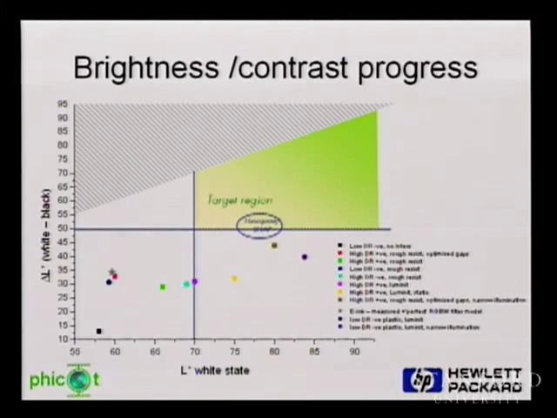So how good do we think that a reflective display really needs to be? Well, coming from a printing background, we tend to think about things with print standards. And there's two relevant print standards. One is what's called SNAP, which is the specification for newsprint advertising production.